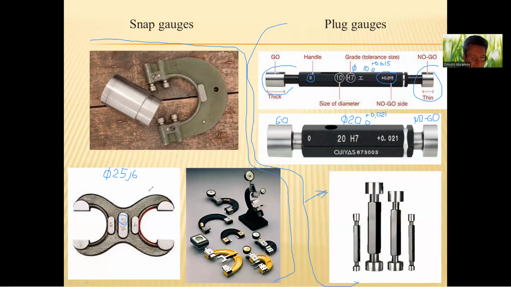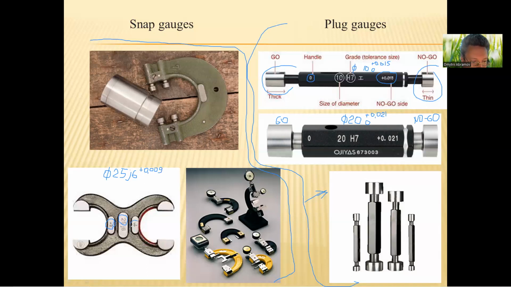J is its fundamental deviation, and 6 is its IT grade or tolerance size. Upper limit deviation plus 9 micrometers, zero point zero zero 9.